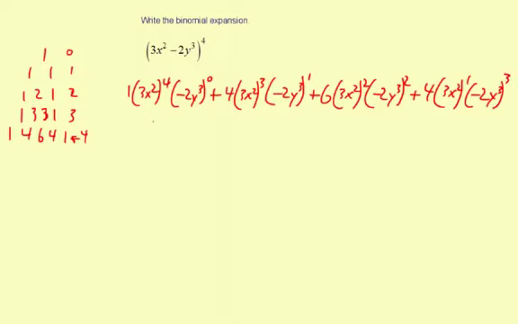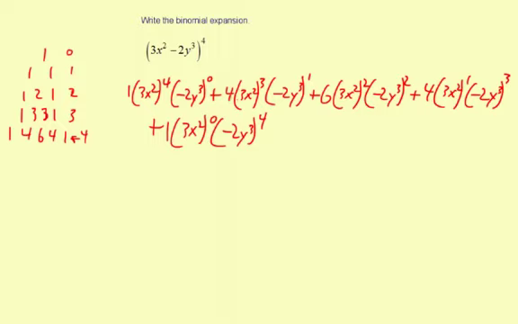And there's one more term, plus, there'll be a 1 out in front, and then times 3x squared to the 0 power times negative 2y to the third to the fourth power.